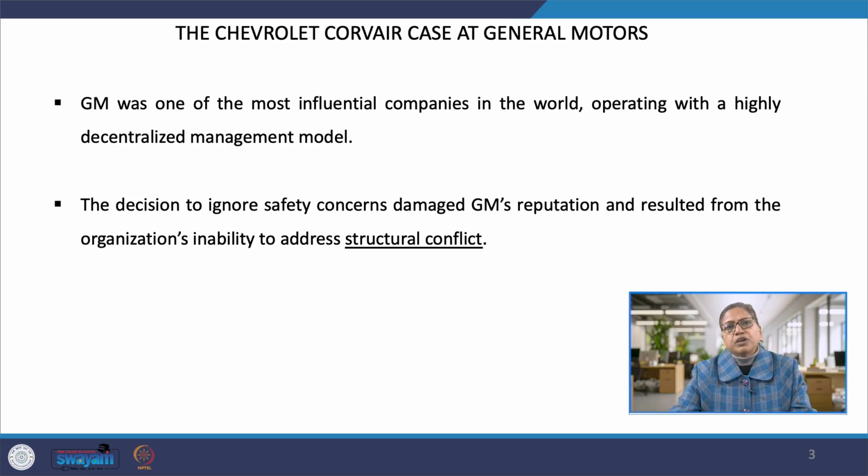The dispute began when engineers raised concerns about the vehicle's safety. Despite repeated warnings, top management, motivated by financial pressure, continued with production and ignored all these warnings. The objections were dismissed, causing a breakdown in trust and communication between departments.